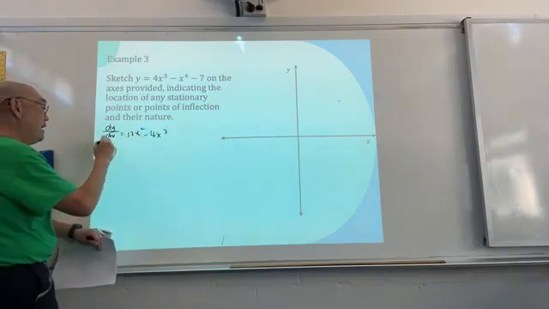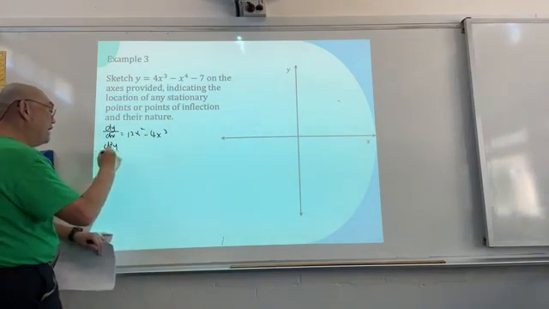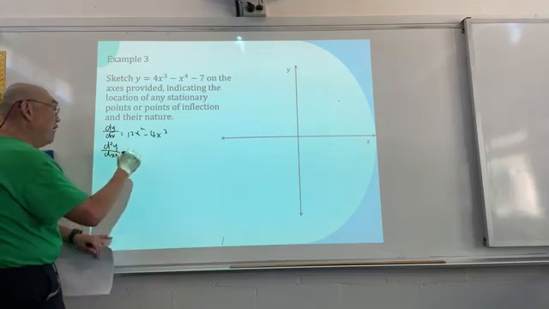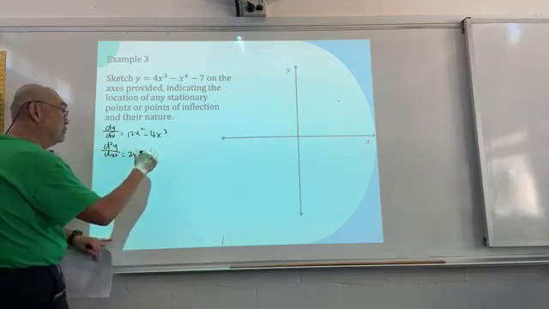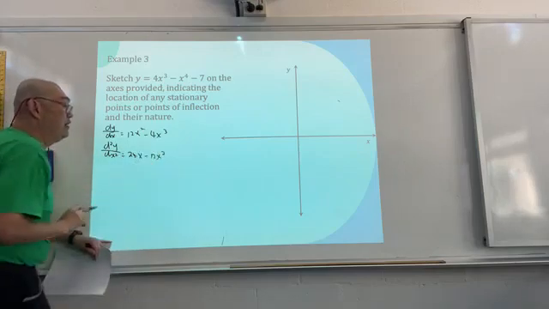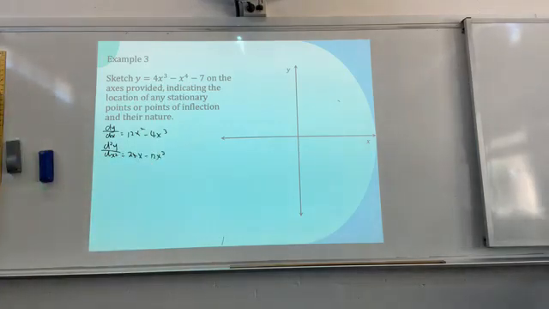And then I derive d2y/dx squared, which is 24x minus 12x squared. It really doesn't matter. You can do that straight away, or you can do dy/dx first, and then do your d2y/dx squared.